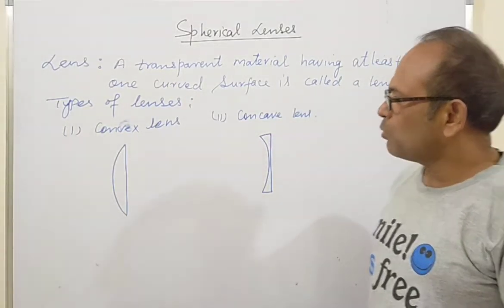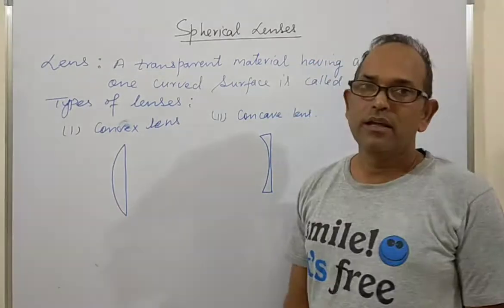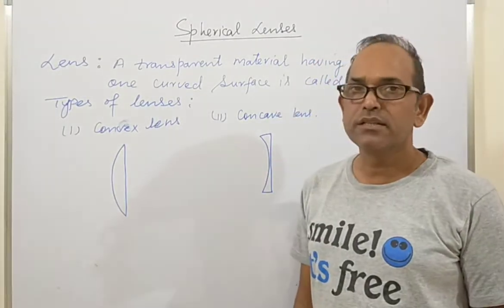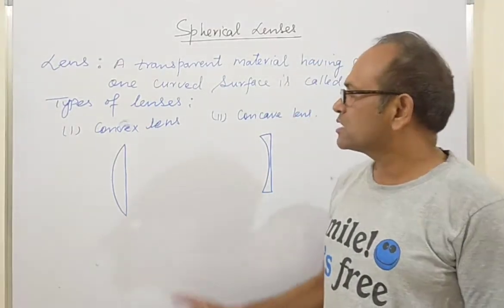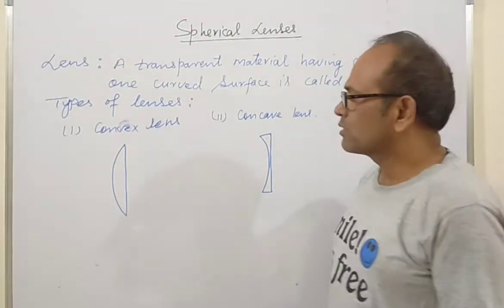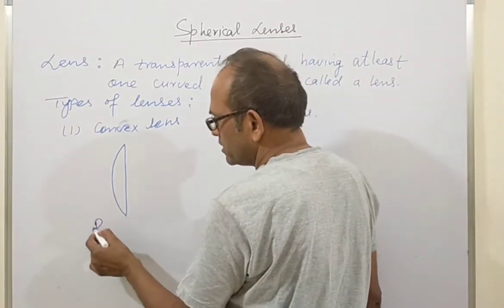Now, since it has one surface only externally bulged and one surface is plane, so this type of convex lens is called plano-convex lens.